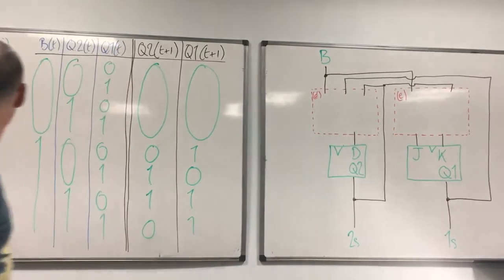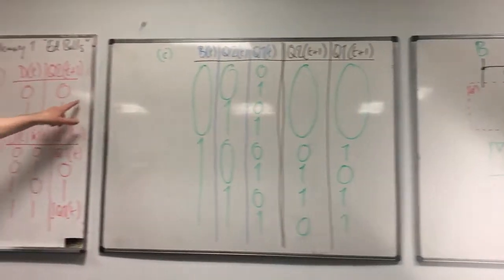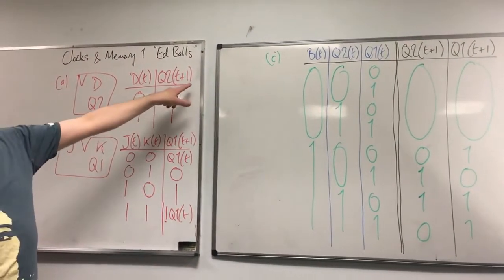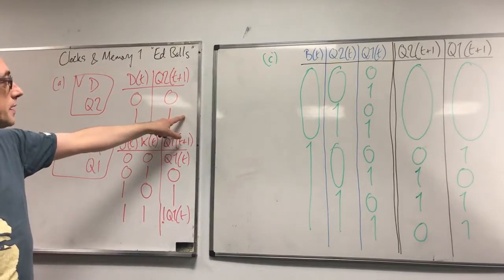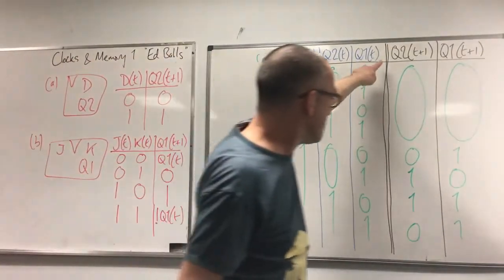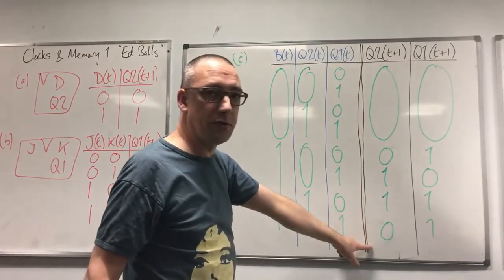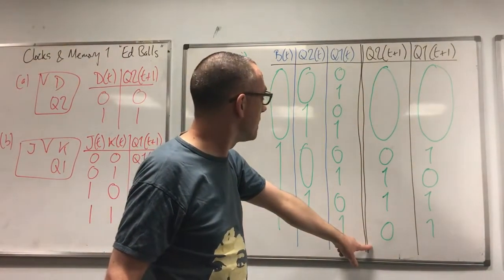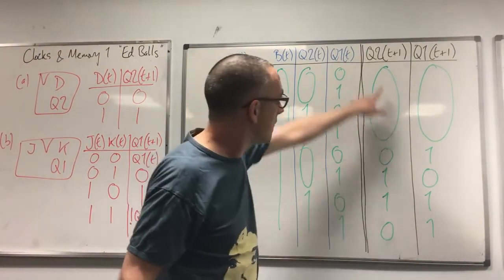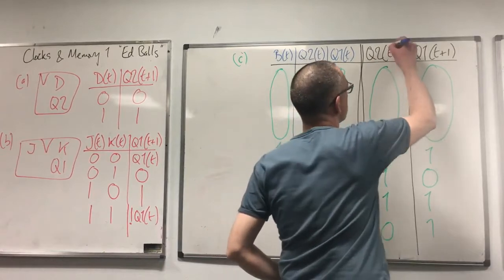And we know that D from this characteristic table should just be whatever we want Q2 to become. That's to say, this column of the truth table tells us what D has to be. This is D of T.